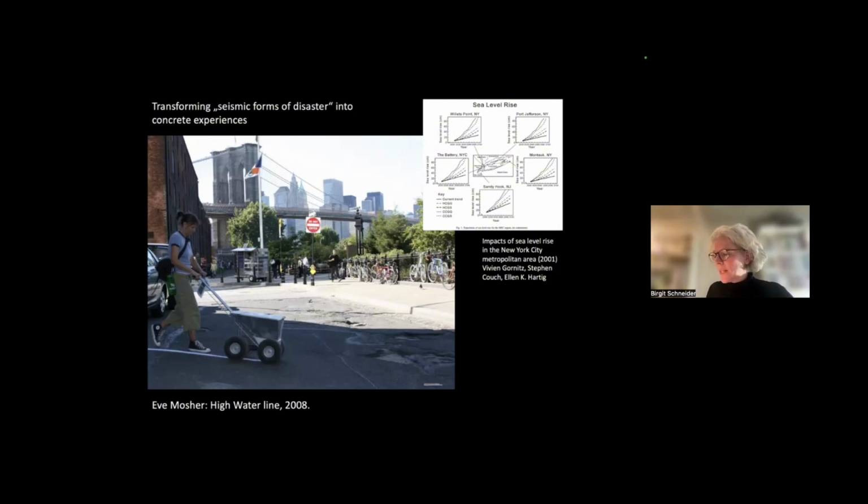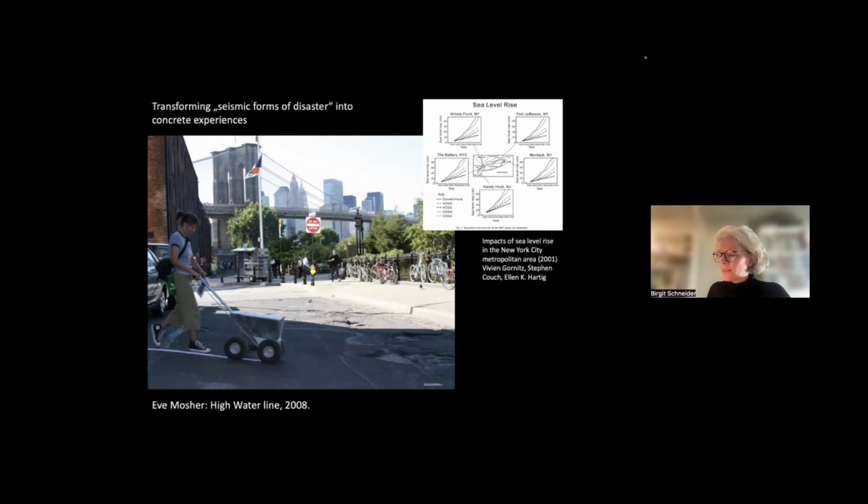And she used the line to mark the elevation line of 3 meters above sea level, which is considered critical for future century floods. And what the artist drew into the city's reality were the abstract tables, curves, and maps, which climate scientists had calculated due to global warming.